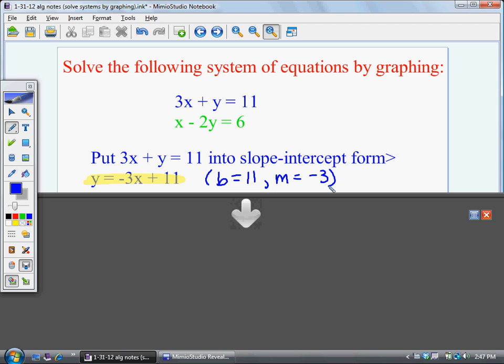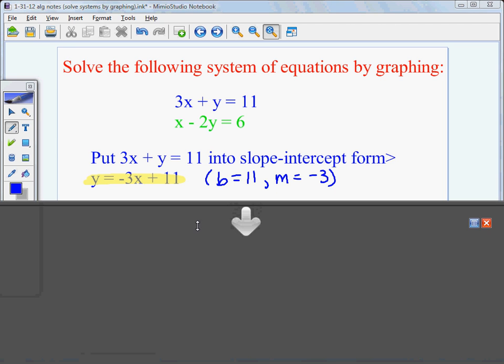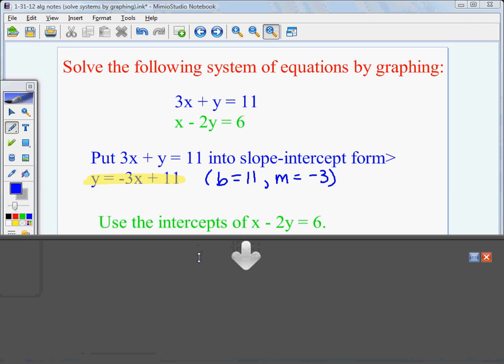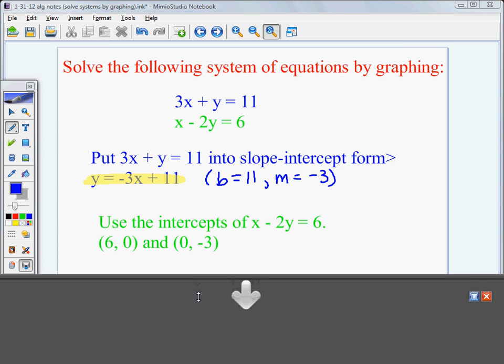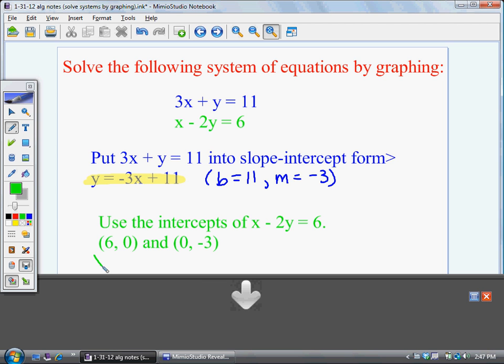To put it in slope-intercept form, I would ultimately have to divide everything by negative 2. So I'm going to use the intercepts for this equation, and those two intercepts are (6, 0) and (0, negative 3). This is the x-intercept and this is the y-intercept.